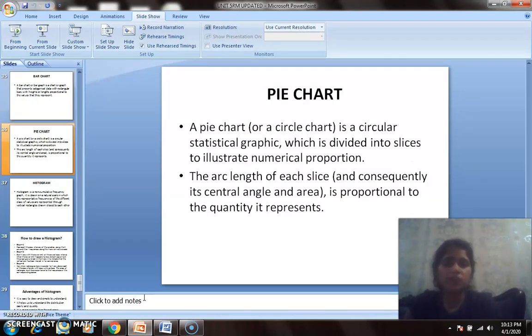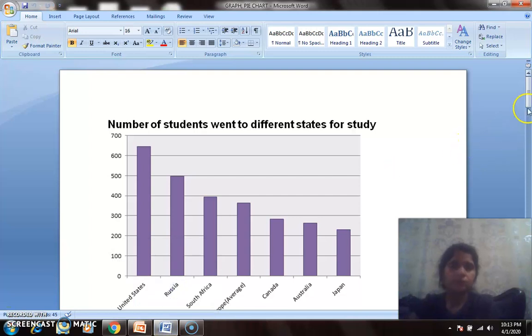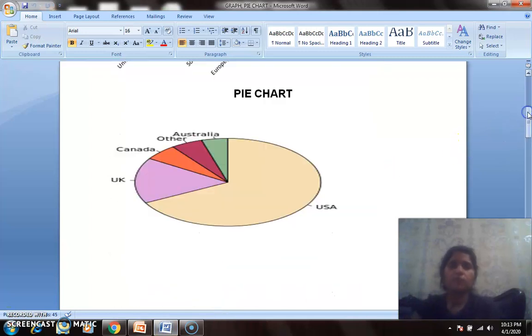Next, we will see pie chart. So what is pie chart? It is a circular statistical graphic which is divided into slices to illustrate numerical proportion. The arc length of each slice is proportional to the quantity it represents. Now just have a look. This is pie chart. So a circle we have drawn, and in the circle we have shown the data, right?